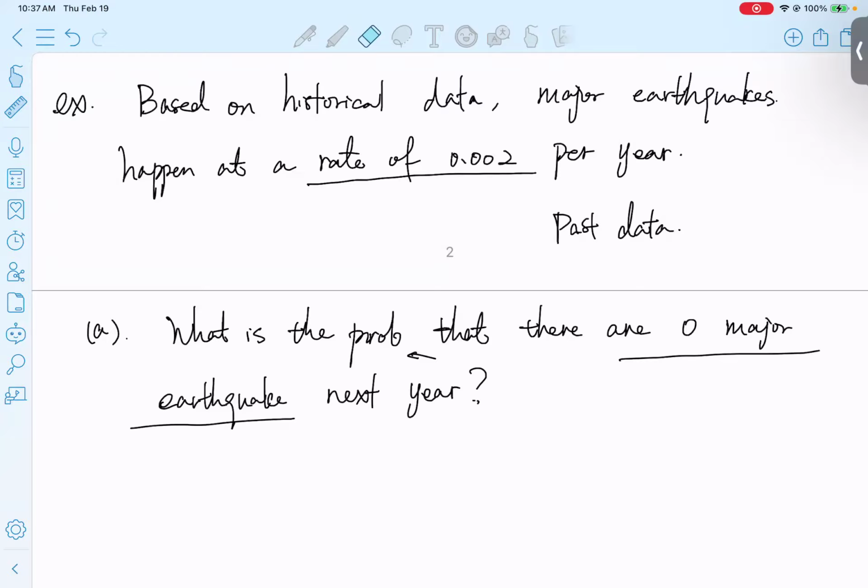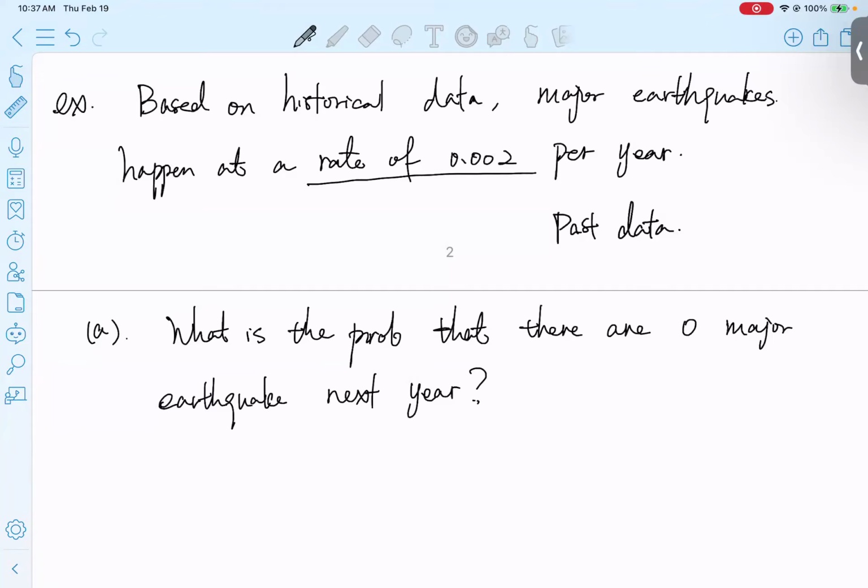We are in a discrete case because we're given a rate, and if it was continuous, then we'd be given a number of successes or events in a given time frame.